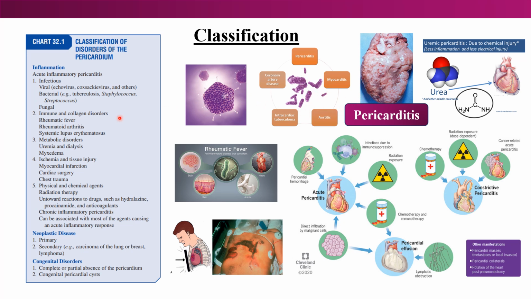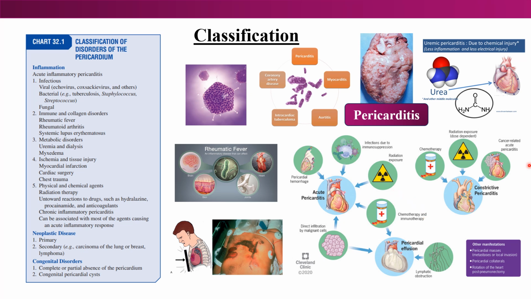Immune and collagen disorders: rheumatic fever, rheumatoid arthritis, systemic lupus erythematosus. 3. Metabolic disorders: uremia and dialysis, myxedema. 4. Ischemia and tissue injury: myocardial infarction, cardiac surgery, chest trauma. 5. Physical and chemical agents: radiation therapy, untoward reactions to drugs such as hydralazine, procainamide, and anticoagulants.